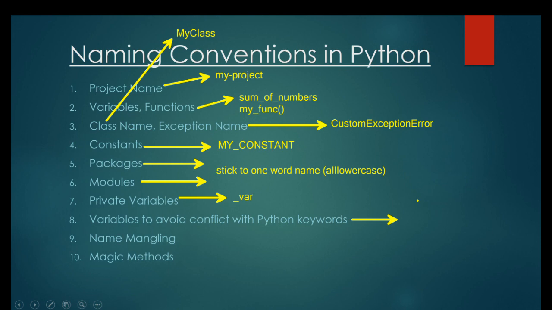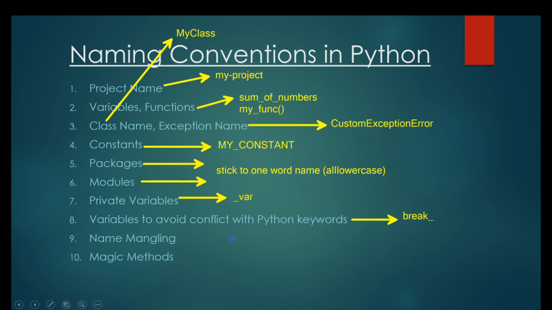But to follow the standard rule, if we want to use any keyword, the naming convention that we follow there is single trailing underscore. So let's say if I use break, then I'll be using single trailing underscore or single trailing snake case.